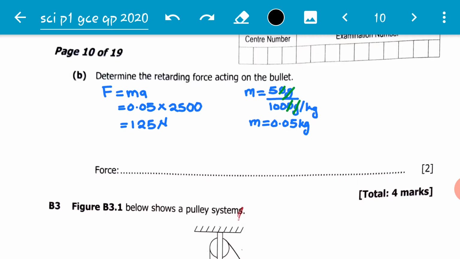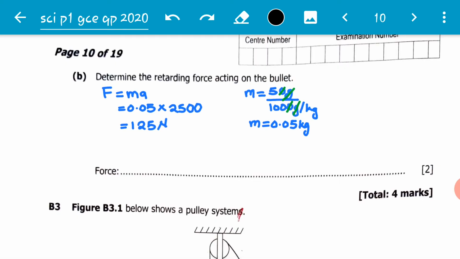So 125 newtons is our retarding force. This is the force that was used to bring the bullet from a speed of 500 meters per second to 0 within 0.2 seconds. So finally, we write that as 125 newtons. Don't forget the units, or you forget the 1 mark for the final answer there.